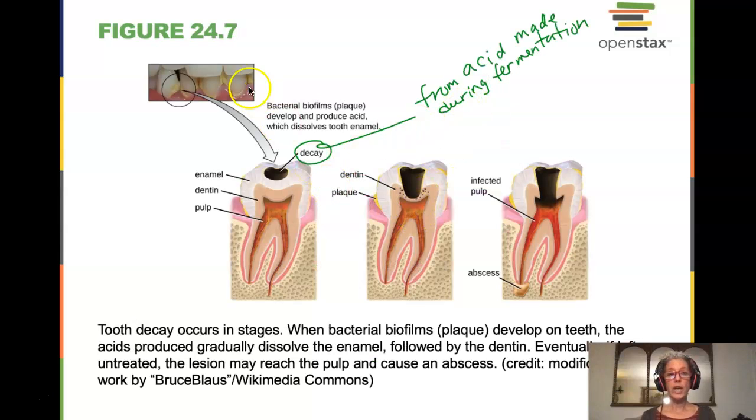Looking at tooth decay, that happens because of acid that is made during fermentation. So microbes on the surface, and particularly down near our gums where it's more anaerobic, biofilms form. That means on the surface, oxygen can get to those microbes.